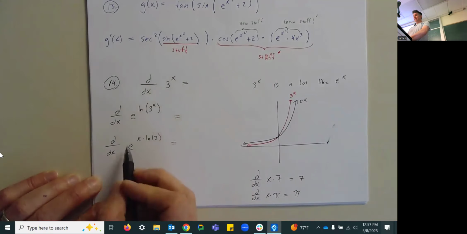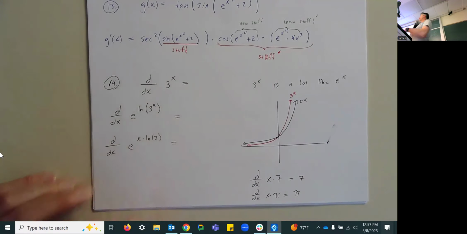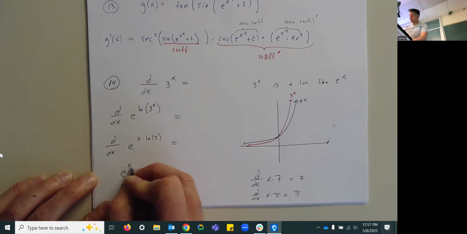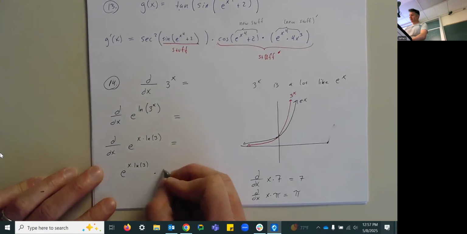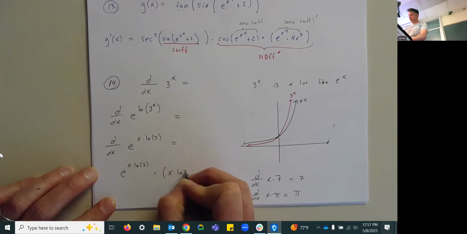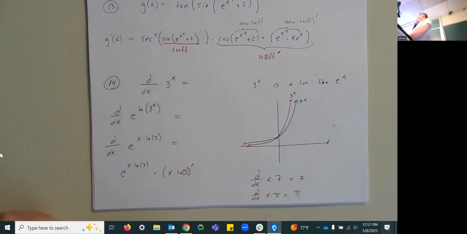When we differentiate e to the stuff, just like before, the derivative of e to the x is e to the x. The derivative of e to the stuff is e to the stuff times the derivative of the stuff. So here we're going to get e to the x times natural log of 3 times the derivative of x times natural log of 3. And natural log of 3 is a constant.